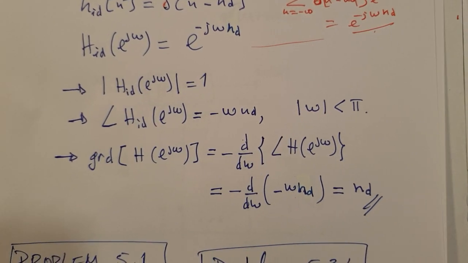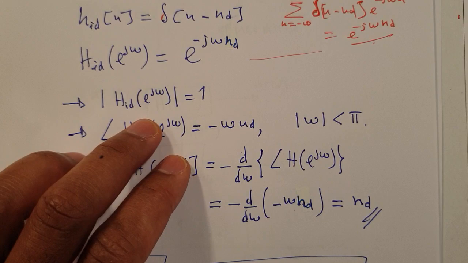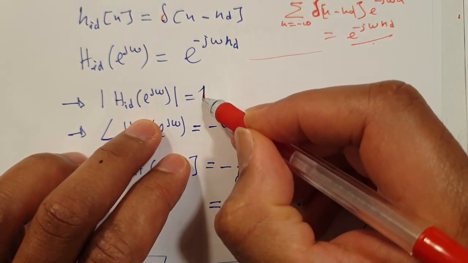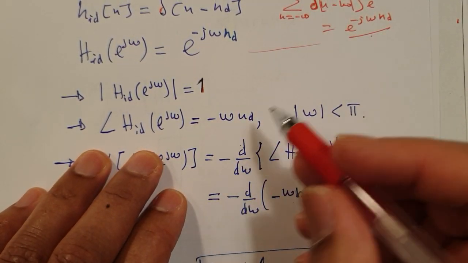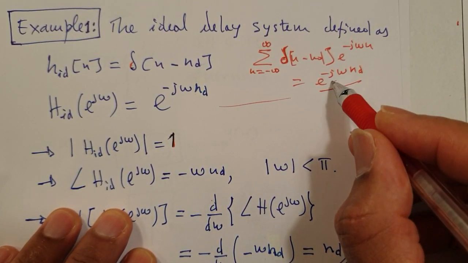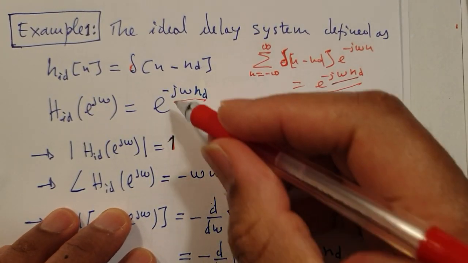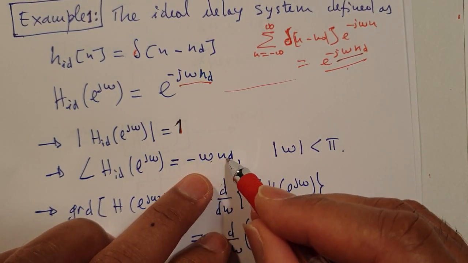So if you look at some of these things that we see here, if you take the absolute value, I know that the absolute value of this exponential will be 1. The angle is what you see here. Okay, this is the angle that is multiplied by j, so minus omega nd.